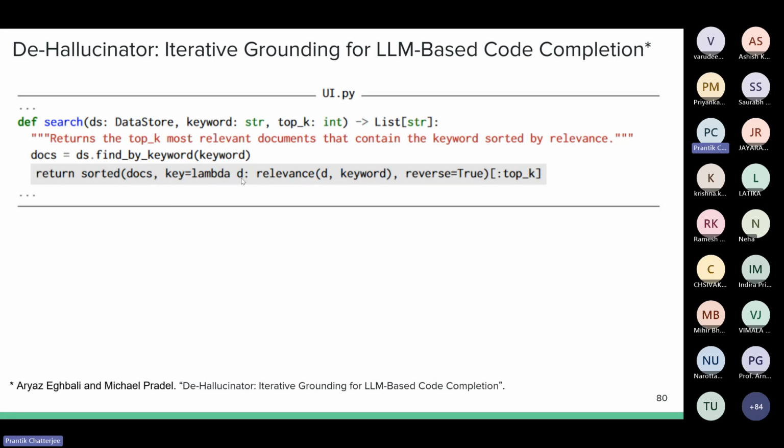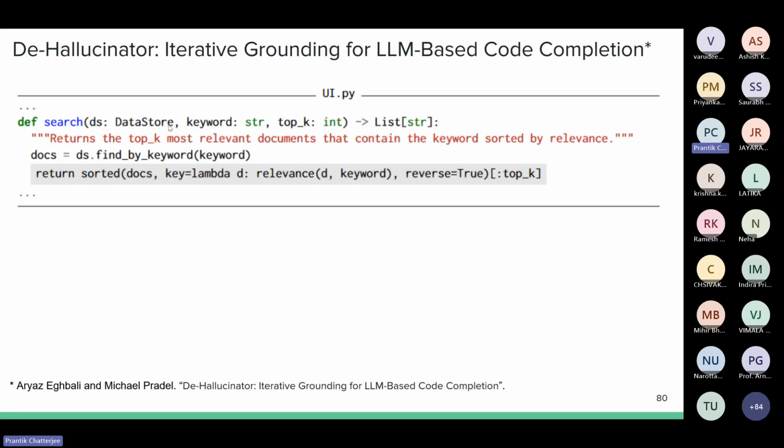One simple example. This is Python code from a library. What this code does is implement a search function. Essentially, you have this data store, which is a collection of documents.